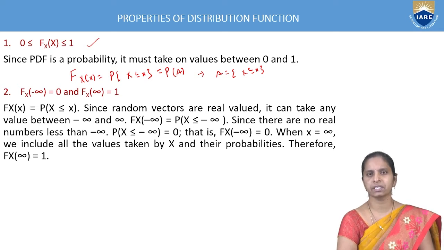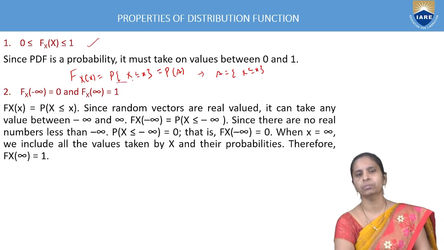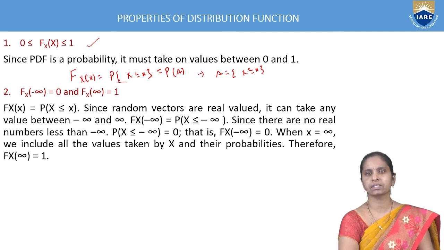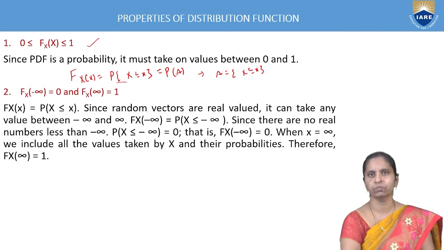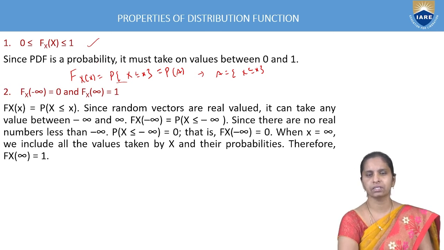What is the first axiom? It says that the probability of any event always lies from 0 to 1. The distribution function is also the probability of an event. That's why the distribution function always lies from 0 to 1, the minimum value is 0 and the maximum value is 1. This is the first property of the distribution function.